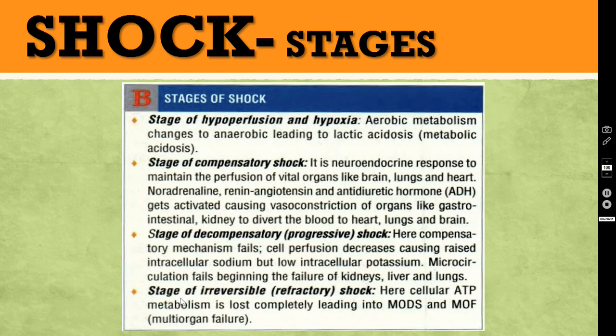The next stage is the stage of irreversible or refractory shock. Here, the cellular ATP metabolism is lost completely, leading into multiple organ dysfunction syndrome and eventually multiple organ failure.